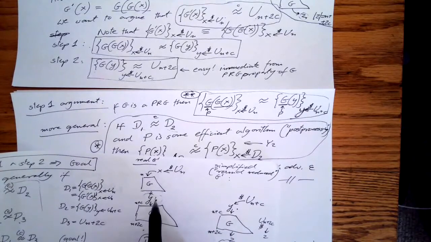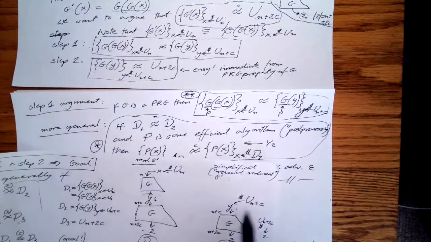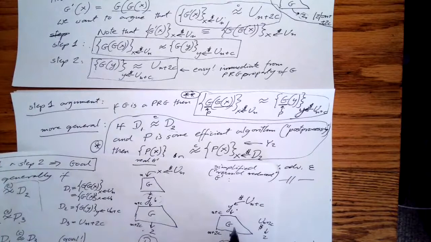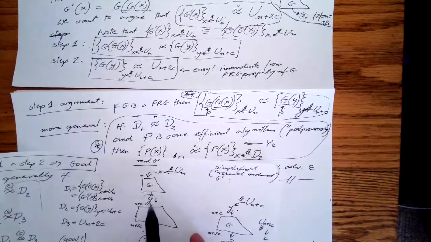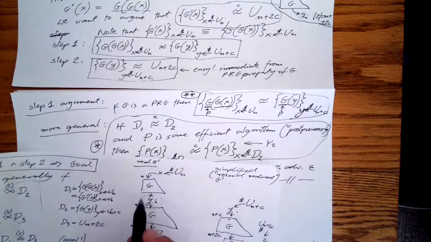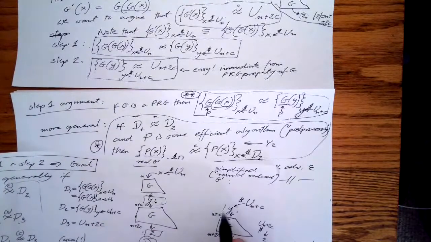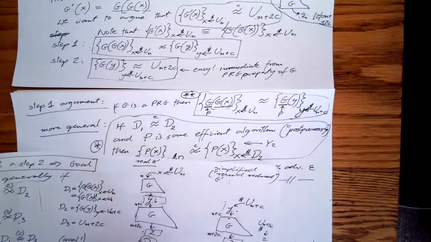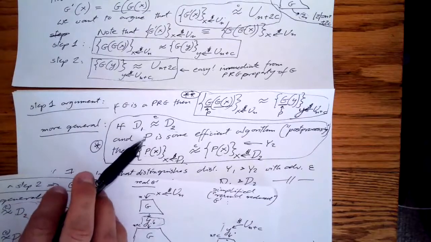After the y is chosen, whether in this form or in this form, the rest is the same. I apply the same g to y in both pictures. So it would immediately follow that these two are indistinguishable if the inputs were indistinguishable. That's simply what this says.